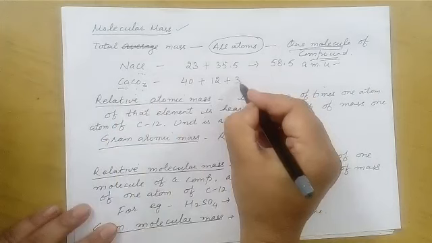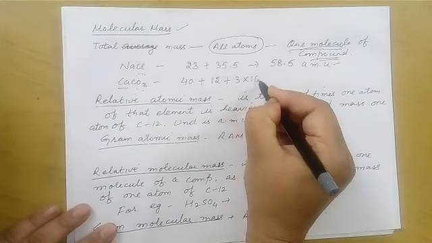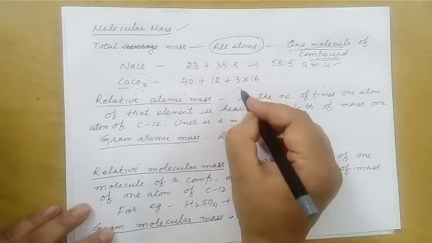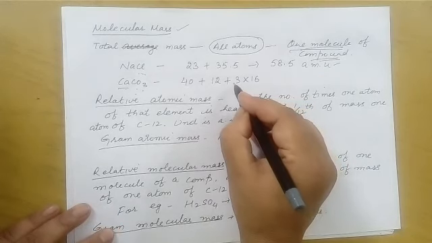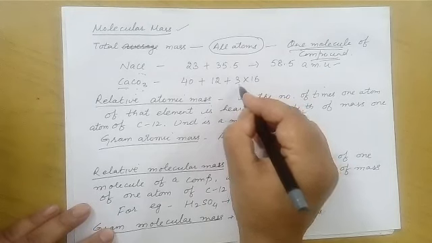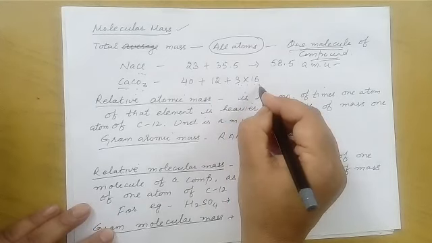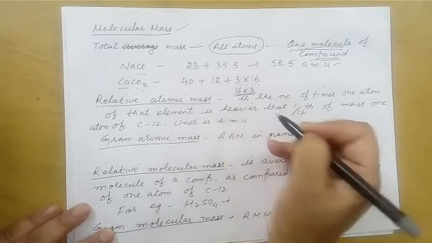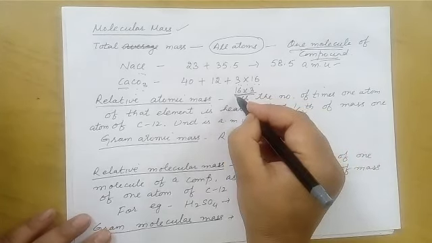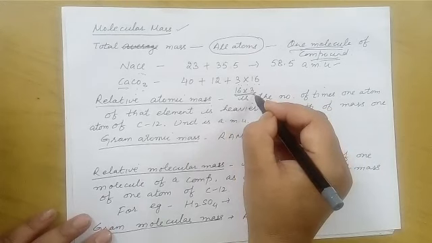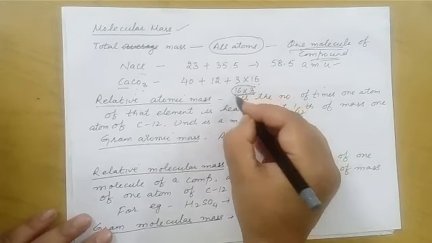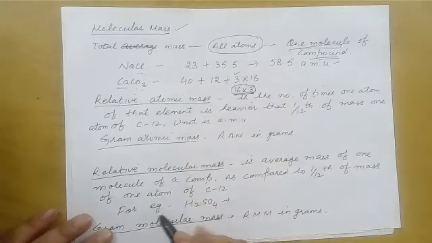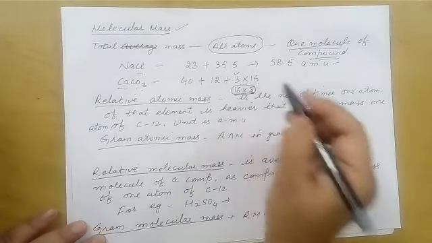Every time you are going to write the number of atoms in front and then multiplied by the atomic mass. 16 into 3 is wrong. This means 16 atoms and 3 atomic mass. That is wrong. So number of atoms always come first and then atomic mass.